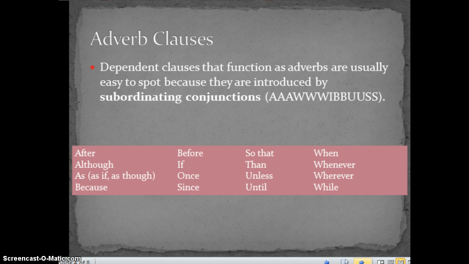And if you'll remember, subordinating conjunctions are aweebuses, and I've given you a whole list of subordinating conjunctions. You probably want to study, no, I'm going to say you need to study this list. You need to know what is on this list. Doing so will decrease your frustration and impatience with trying to identify an adverb clause.